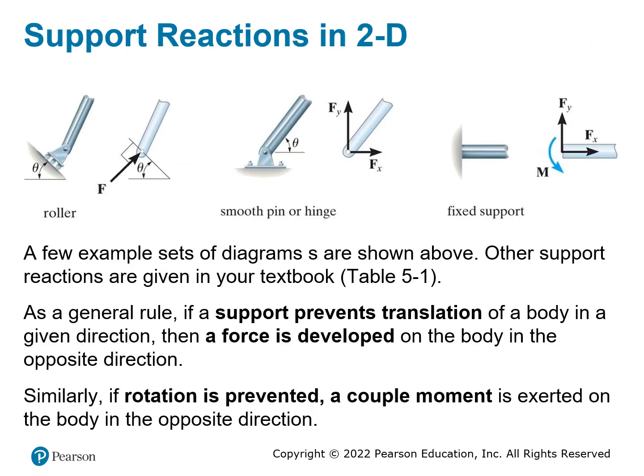Okay, speaking about the support, let's look at the support in the two-dimensional cases. For the three-dimensional, there's some other special cases that we will look at, but let's just look at the two-dimensional. This first case is called a roller. The roller means at the bottom of the support you have a wheel.